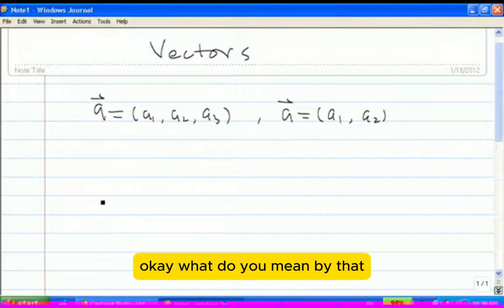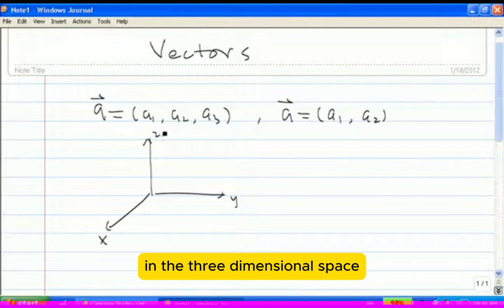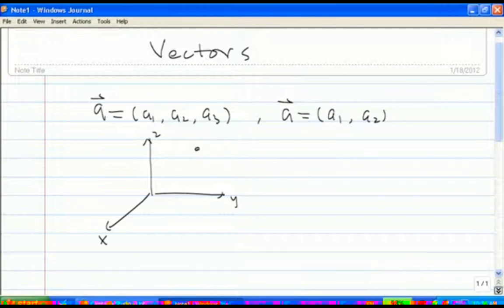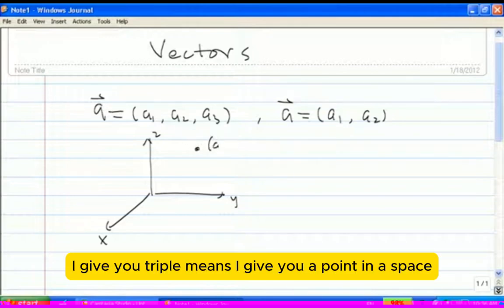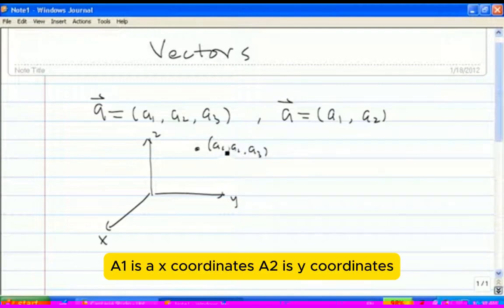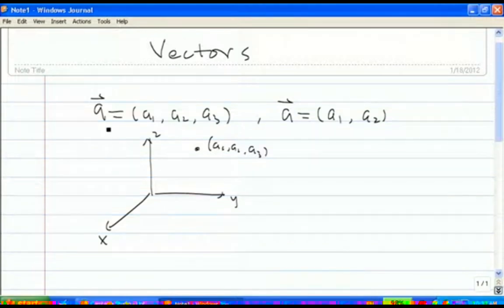What do we mean by that? In three-dimensional space, A with the arrow on top is a vector. I give you a triple, which means I give you a point in space, A1, A2, A3. A1 is the x coordinate, A2 is the y coordinate, and A3 is the z coordinate.